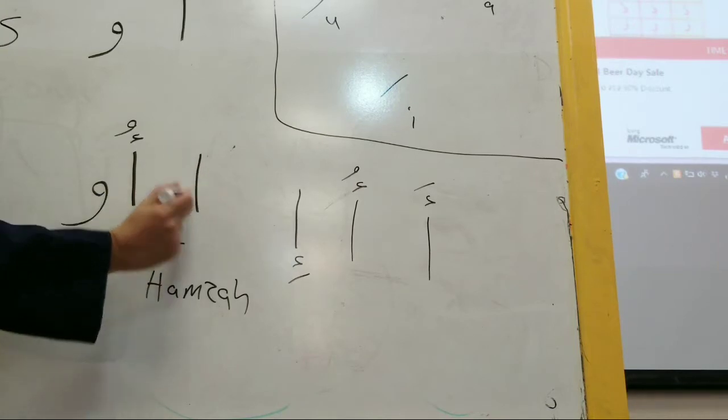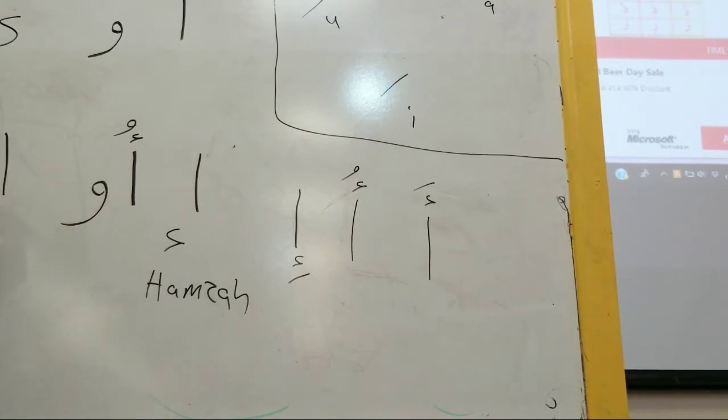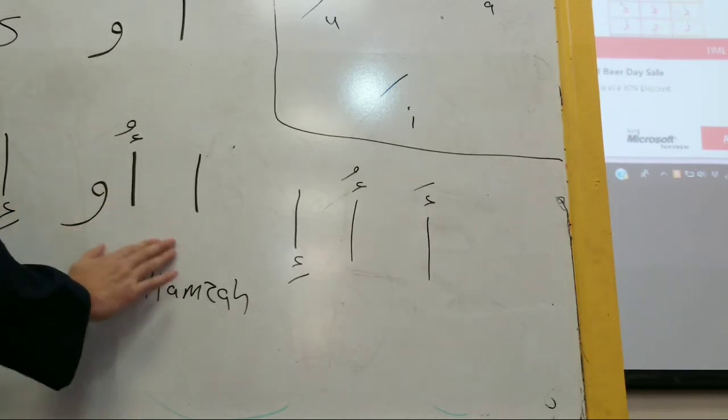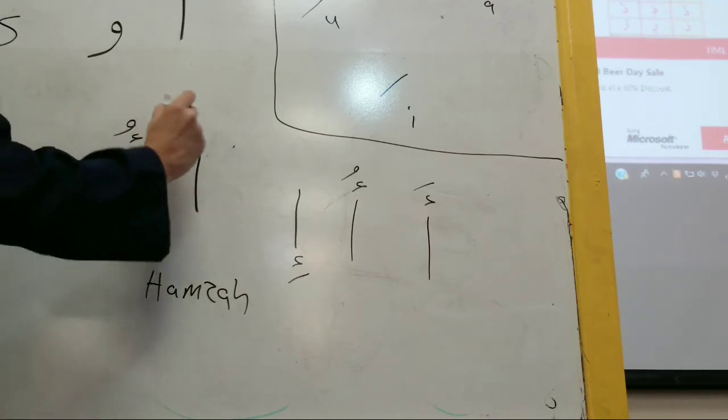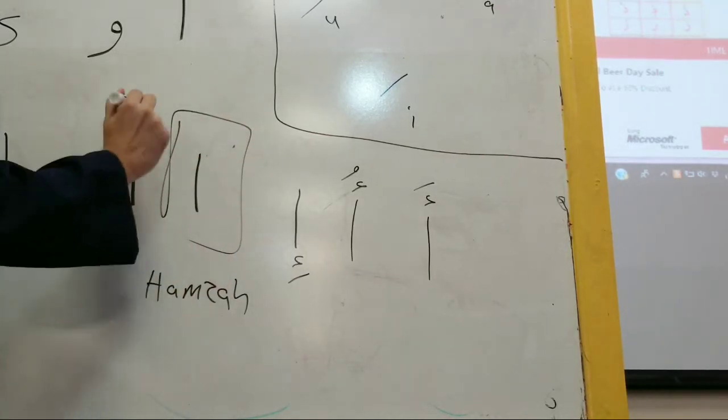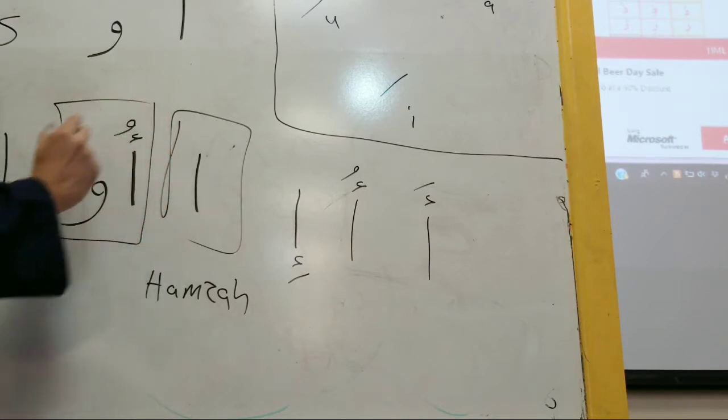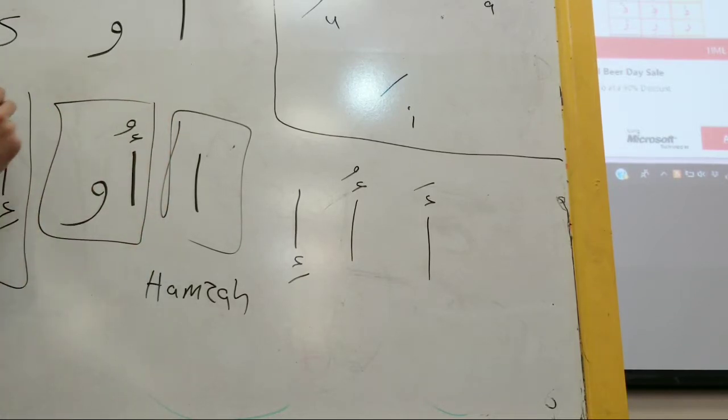We'll put it here, and this is e, right? E, u. So this is u, e. So that's the long vowel.